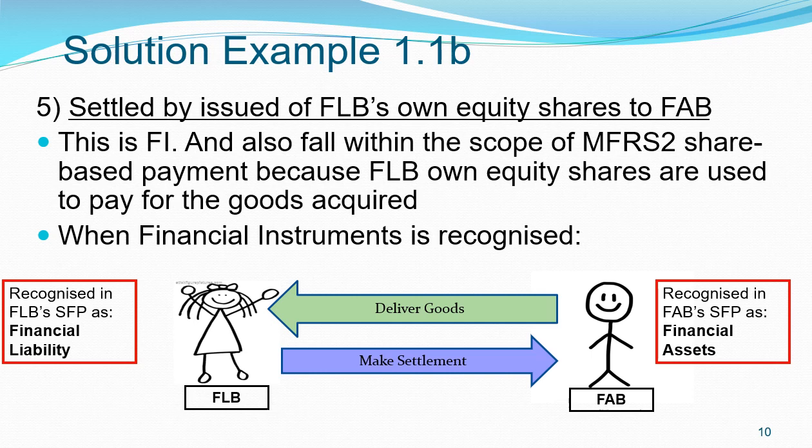So when the financial instrument is recognized in FLB, the buyer, it is considered to be a financial liability sebab buyer dah berjanji nak bayar. So in buyer account it is recorded as liability, whereas in seller it is recorded as financial asset because seller akan terima financial instrument sebagai part of settlement.